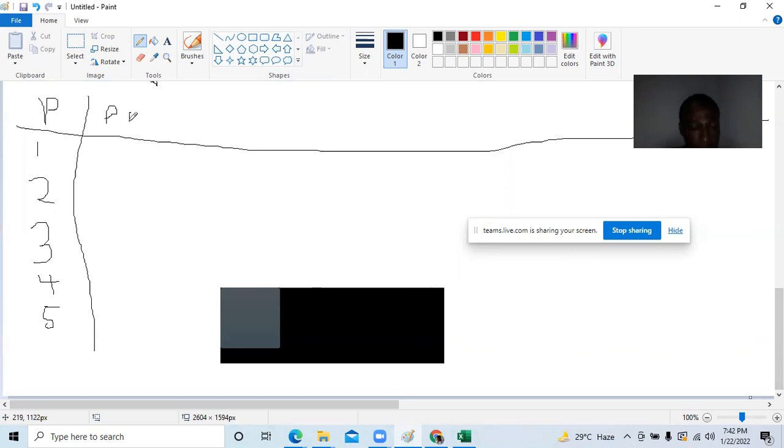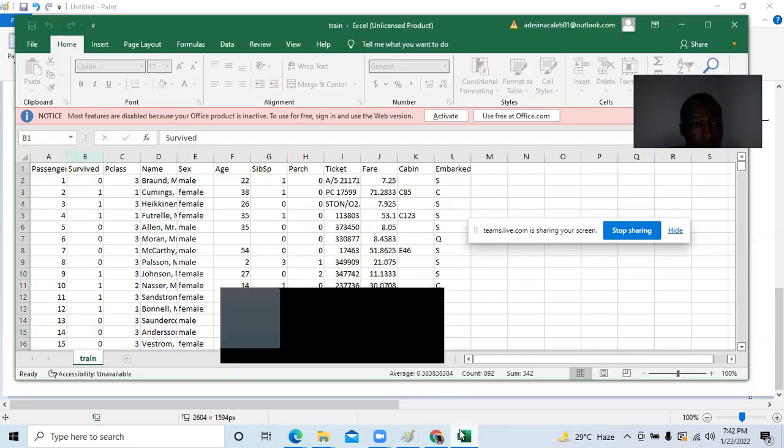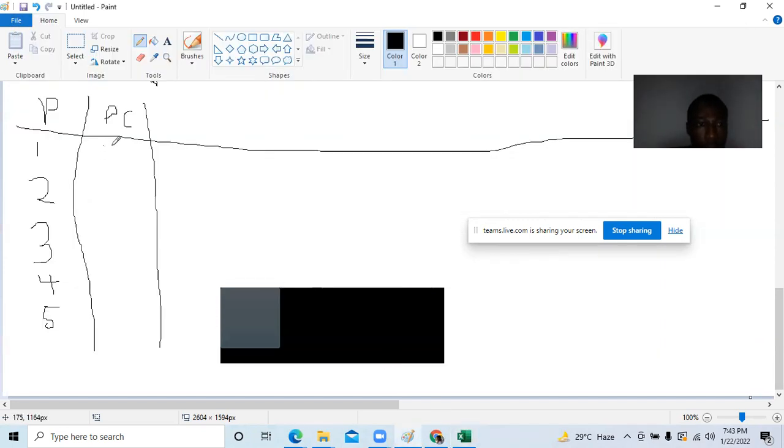This is our second feature variable. So this is 3, 1, 3, 1, 3.